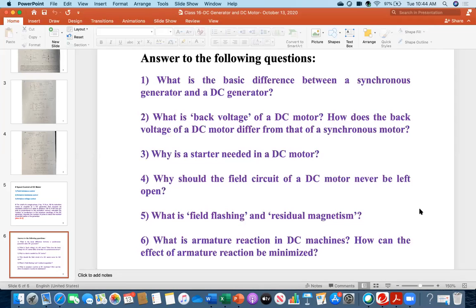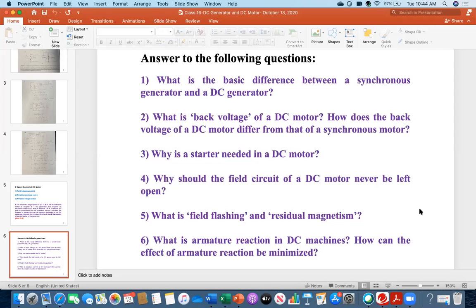So the first question is, what is the basic difference between a synchronous generator and a DC generator? This means how do you distinguish a synchronous generator from the DC generator? You may write a few points. Then question 2, what is the back voltage of a DC motor? And how does the back voltage of a DC motor differ from that of a synchronous motor?